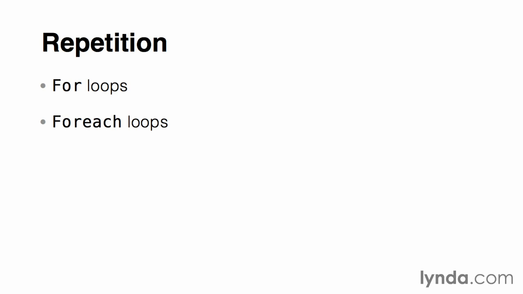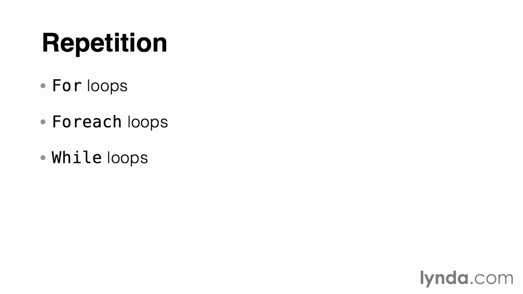Essentially, it just says, for each object of a specific type, I want you to do something. This becomes very important because when you're creating applications, you might have a collection of values or objects that you want to iterate over and perform some task, but only if the object meets certain criteria. A foreach loop gives you the ability to work with that.